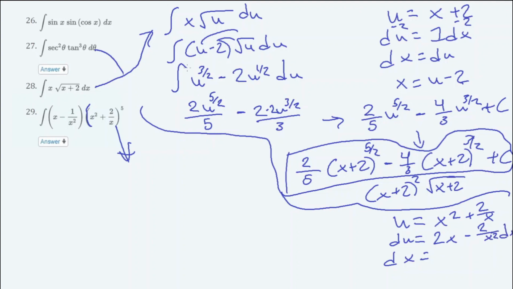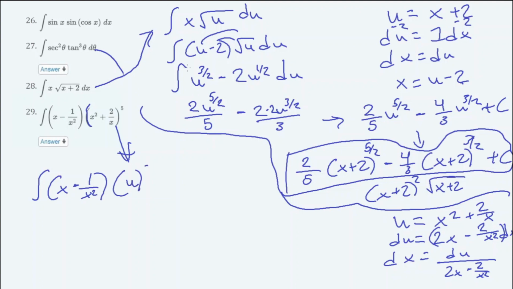And that would be dx in parentheses right there. So that means dx is going to be equal to du over 2x minus 2 over x squared. Now let's start plugging in stuff. So if we rewrite the equation, we're going to have the integral of x minus 1 over x squared, multiplied by u over 5 because all of this is u.